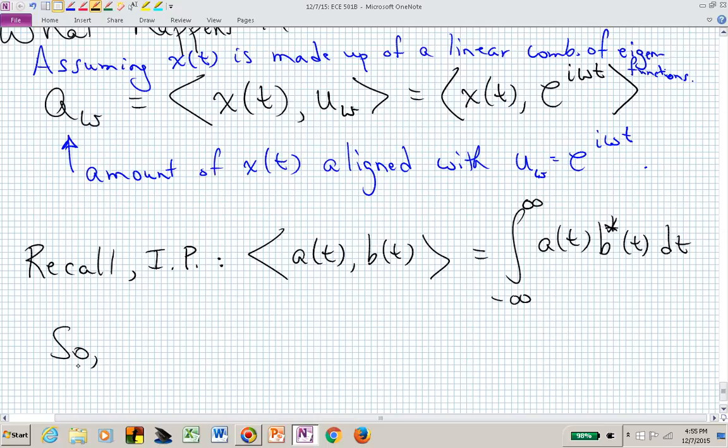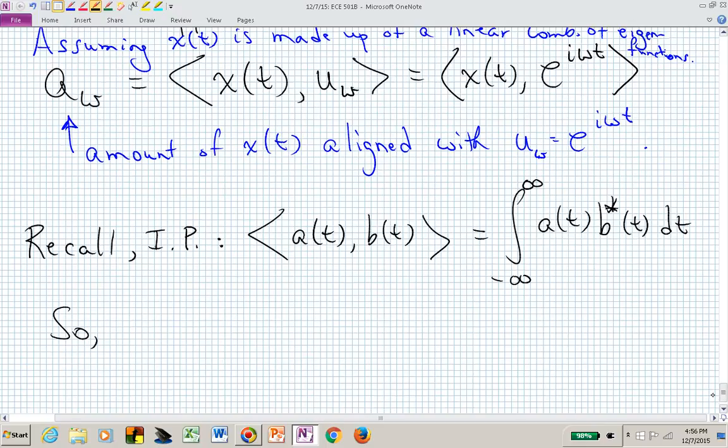So what does that give us for a of omega? If we're taking the inner product of an input signal, an arbitrary input signal x, with this eigenfunction u of omega, we now are looking at a of t, that's just the first slot, that's x of t, and what was in the second slot? That was e to the i omega t.